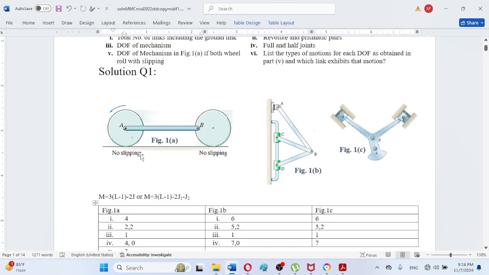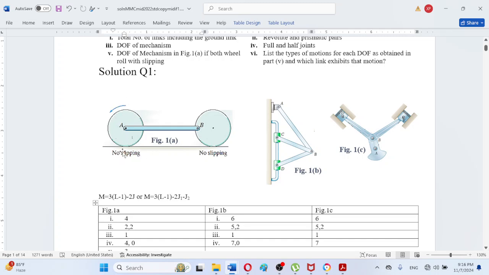And between this horizontal surface, which is ground, and each wheel, it is mentioned that there is no slipping. No slipping means they roll without slipping, or there is a one-to-one connection between the periphery or circumference of these two wheels, just like gear teeth mesh with each other.